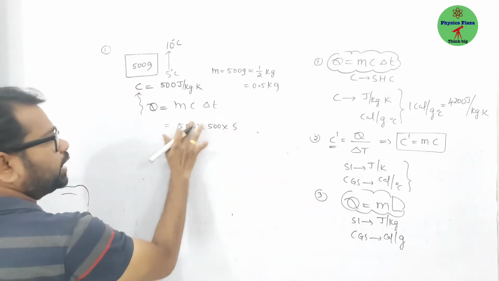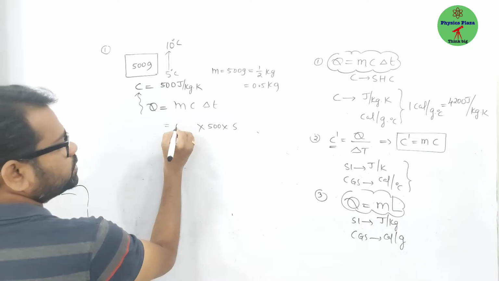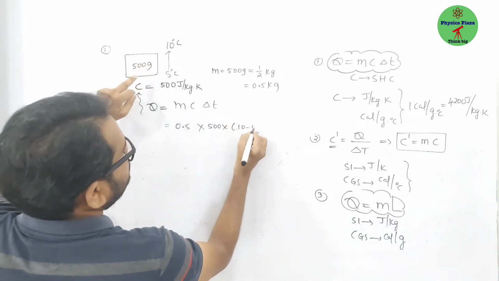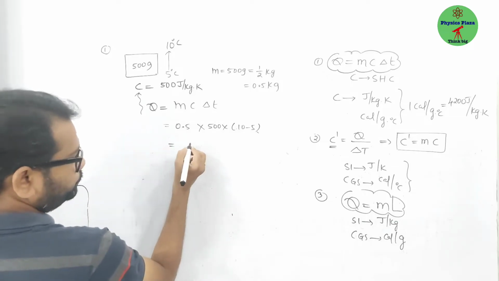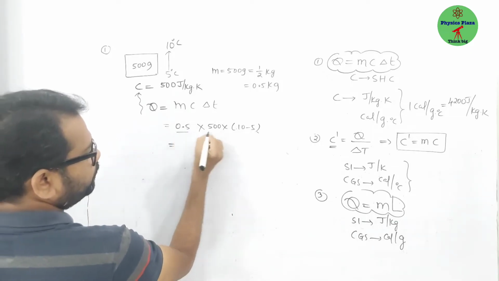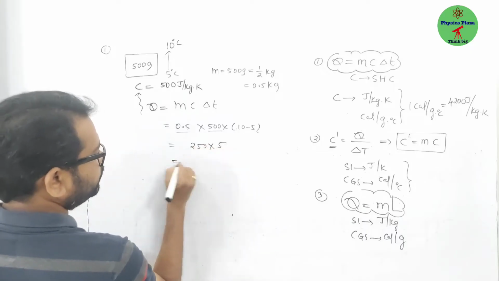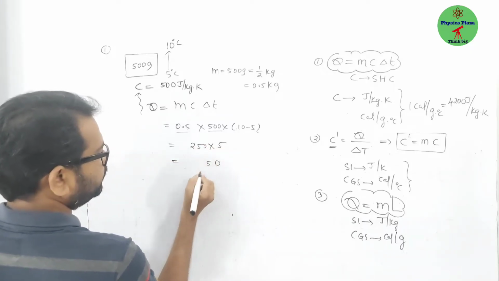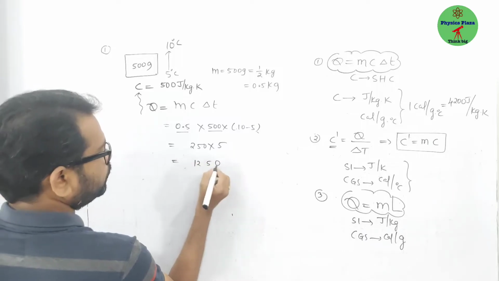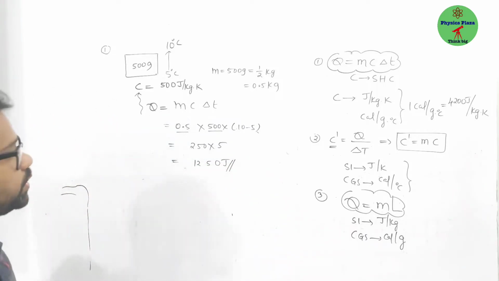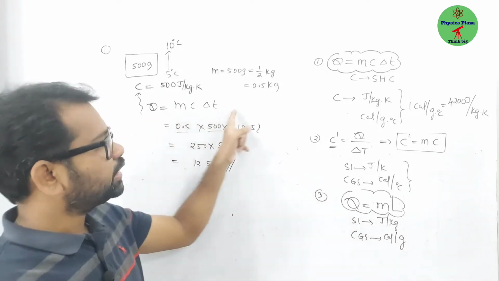So you cannot use 500 grams, rather you use 0.5 kg. Delta T is 10 minus 5. Now 0.5 into 500 is 250, into 5 is 1250. So 1250 joules of heat is required. This is how we can use the Q is equal to mc delta T formula.